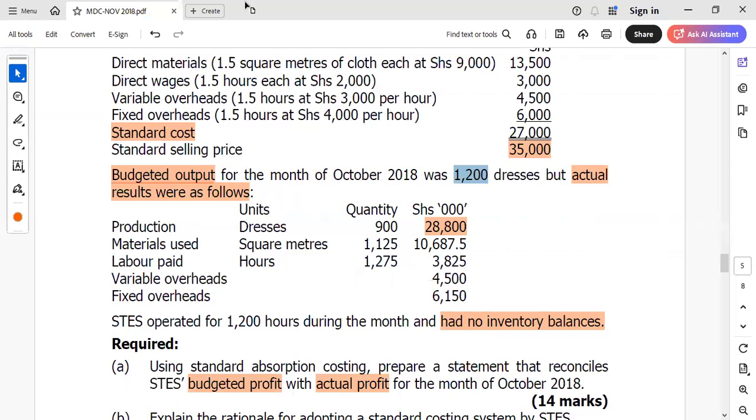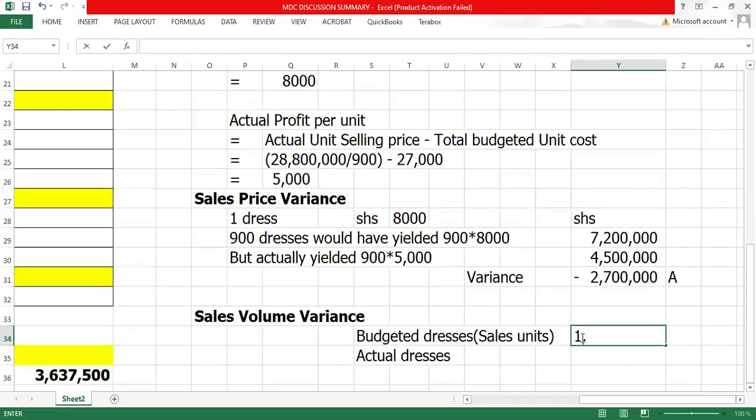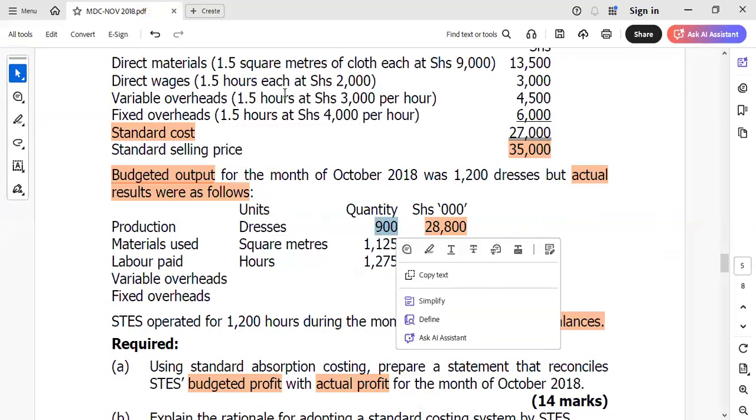That was the budget. But they were in a position to actually sell how many? They made 900 and sold 900 because there was no inventory. So the actual sales were 900.